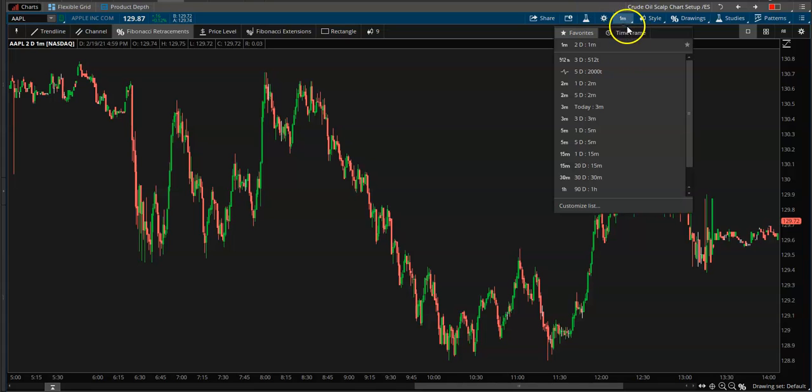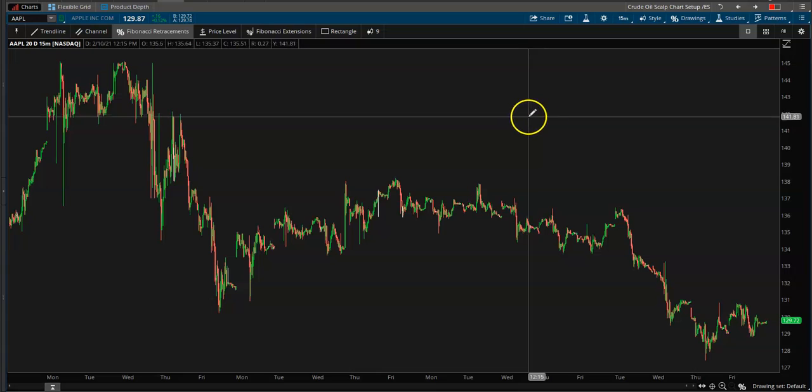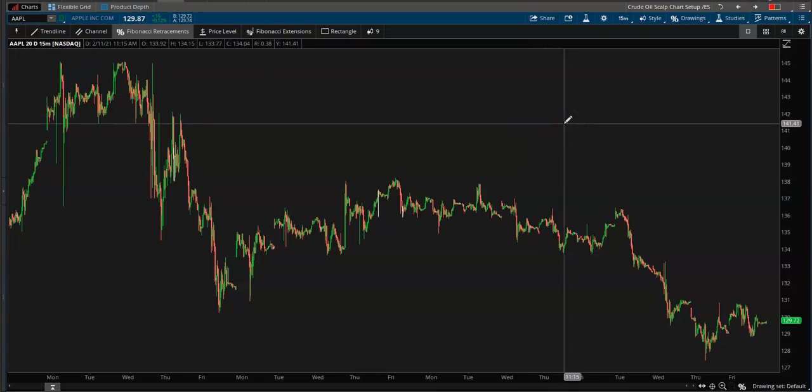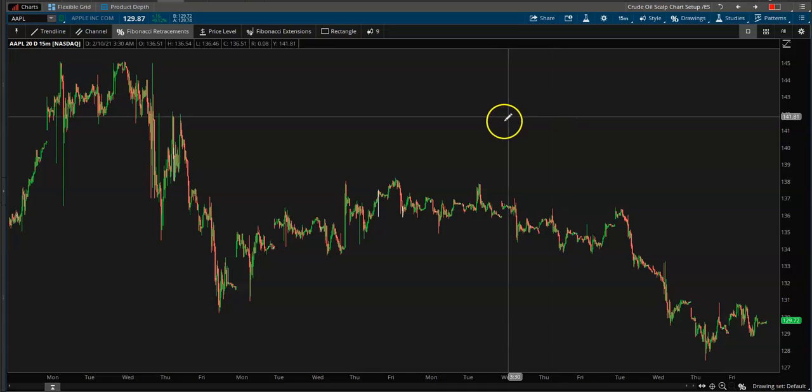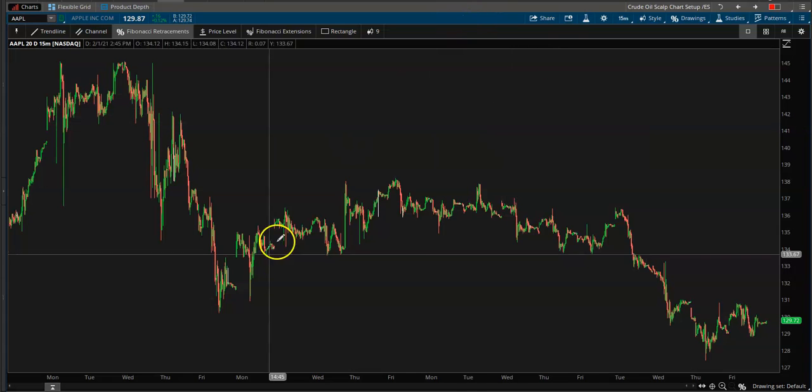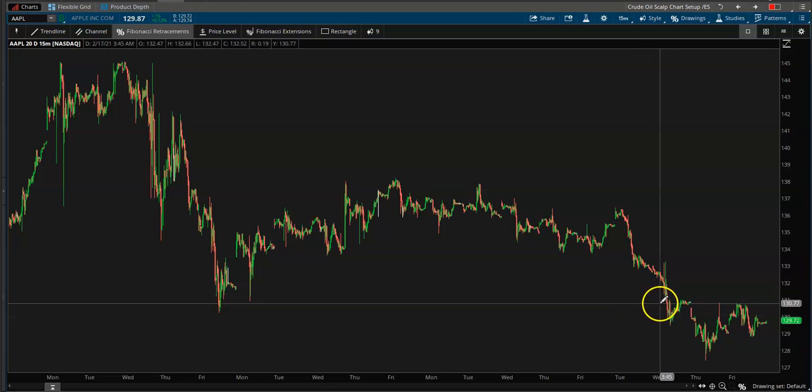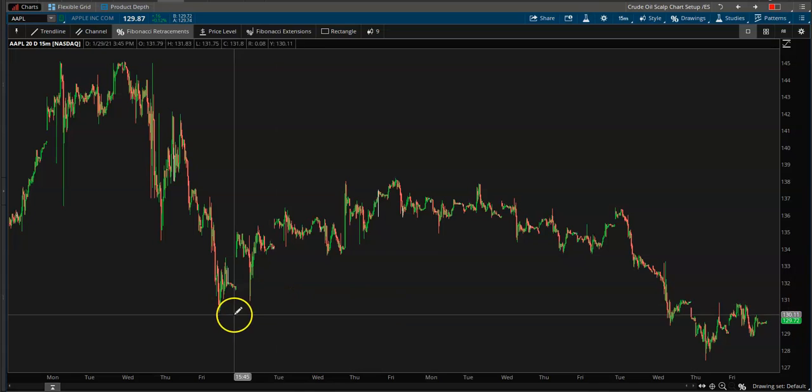Another way is if you're more of a potential swing trader, or short-term trader, where you hold for a couple days to a week or two, something like that, hold overnight. Maybe look at something like a 15-minute, 20-day chart.